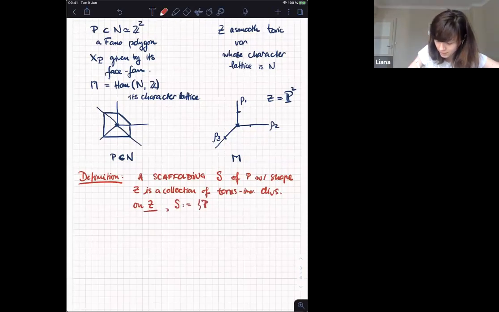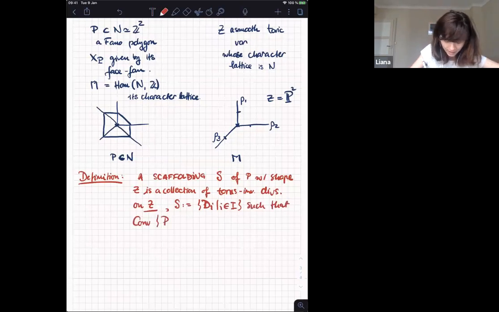These are the torus invariant divisors. It's going to be a finite collection, whatever, such that the convex hull of the polytopes associated to the D_i, i in I, is equal to P.